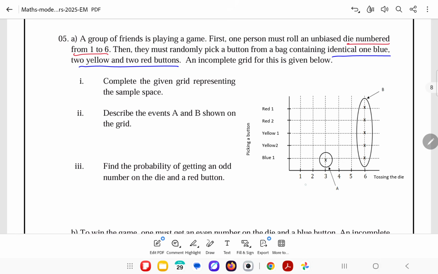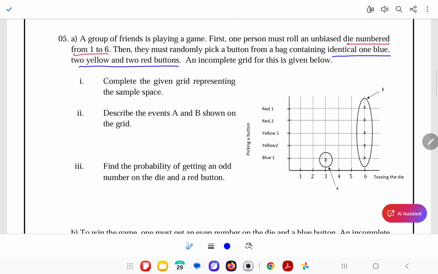So when he rolls a 1, he can either get blue 1, yellow 2, or red 1, red 2, right? Same thing. So all these points you have to mark. For 2 also you can get all 5 options. So just mark all of these points. So there's the sample space. Right, sample space is done.